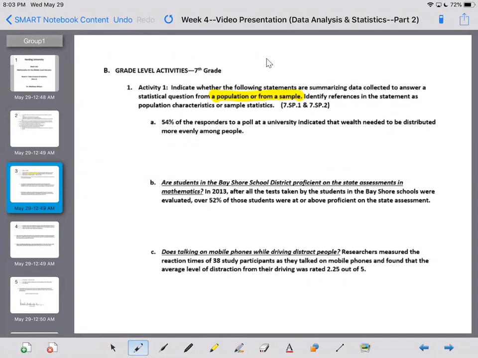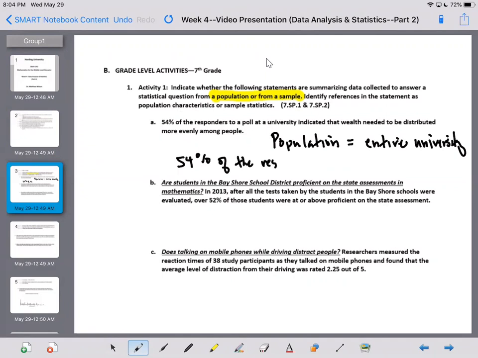Well, if we're looking at the population, that would equal the entire university. Well, we're only looking at 54% of the responders. So 54% of the responders, that is going to represent that we're looking at a sample.